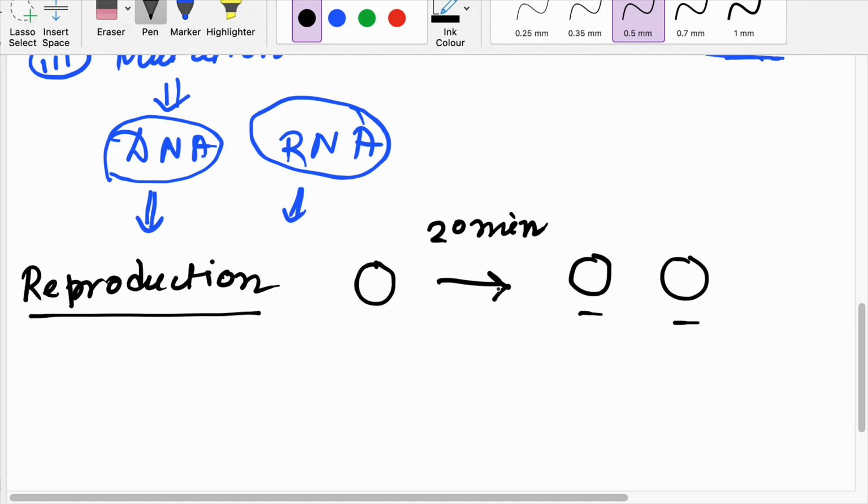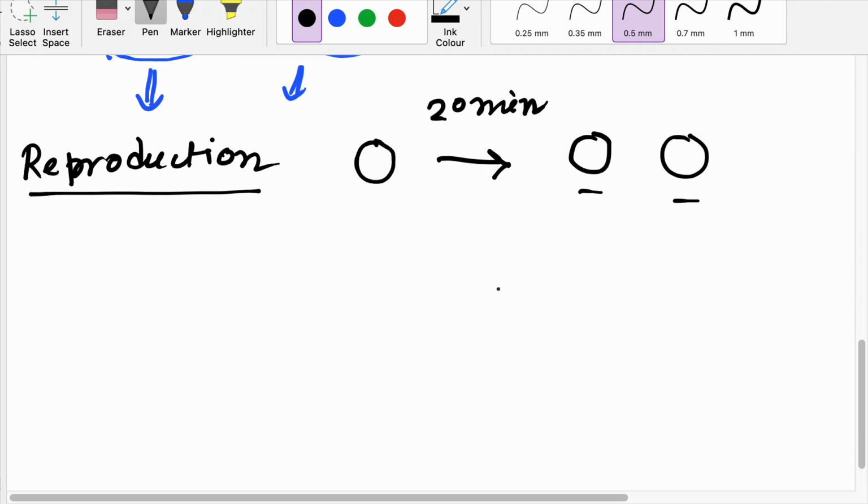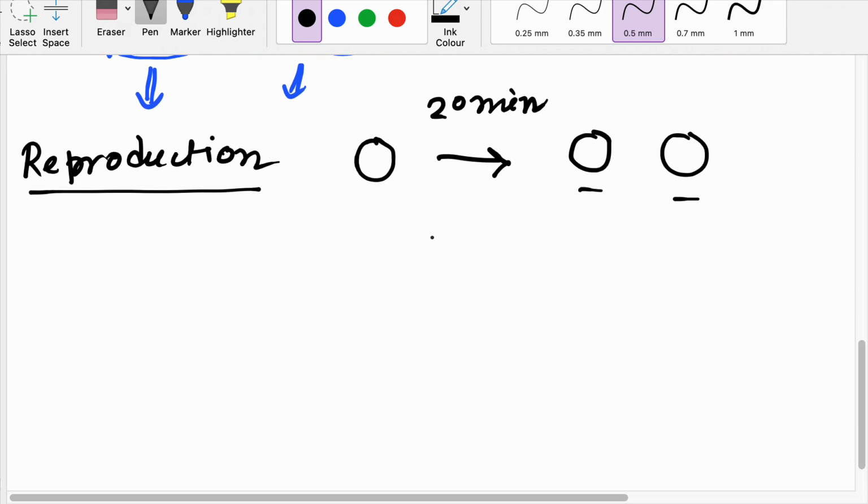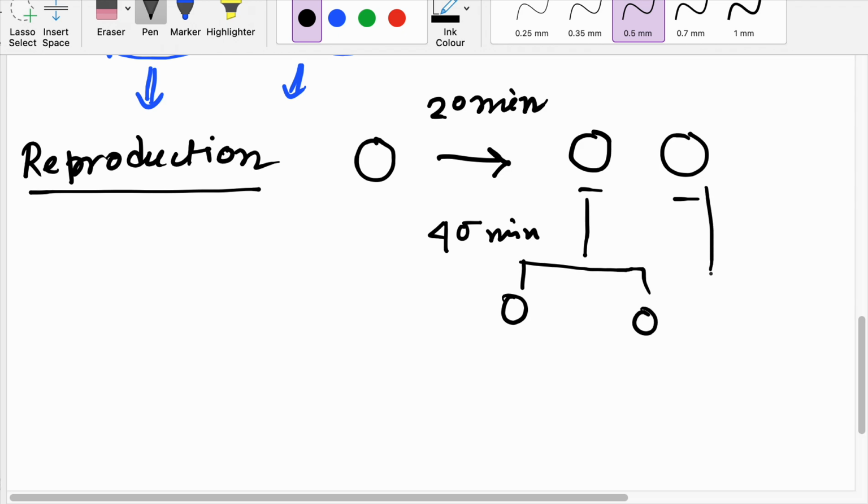Now you will find that in 40 minutes these two will again each divide into two. So after 40 minutes you will find four granddaughters, and after 80 minutes you will find eight great-granddaughters.